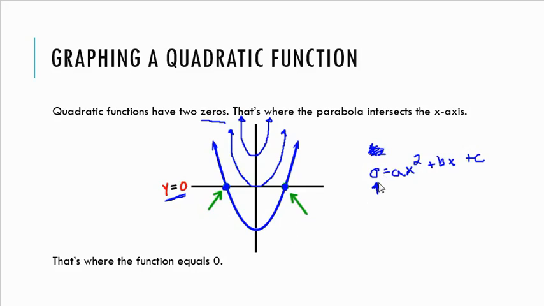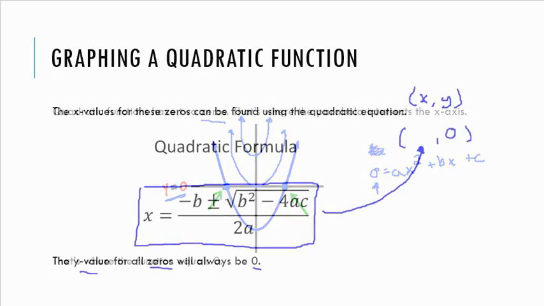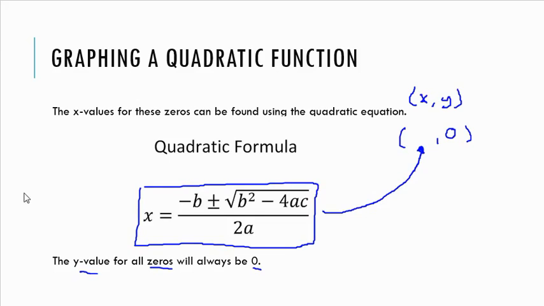Because again, if we have y equals ax squared plus bx plus c, we need to set that y equal to 0 to find the zeros. And when we do that, we can use the quadratic formula to find the x value here. And because y is always 0, we know that the y value is 0. So again, the x-intercepts are points on the parabola, so we need to express them as an ordered pair with x and y. So whenever we find our x value using the quadratic formula, put that right there, and the y value is 0.